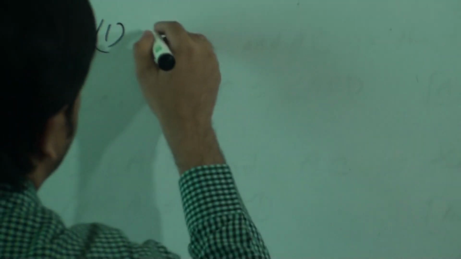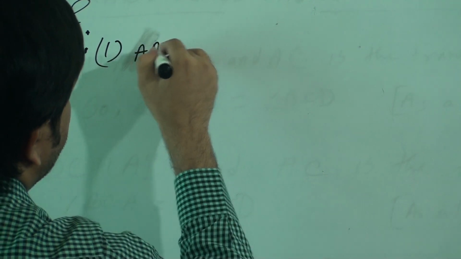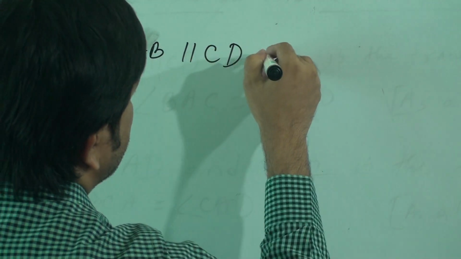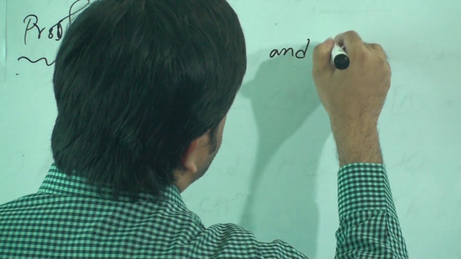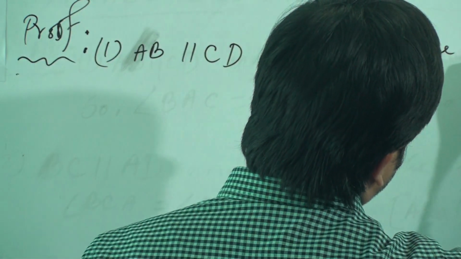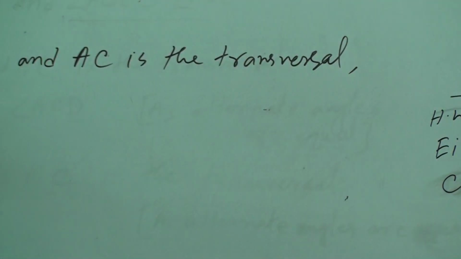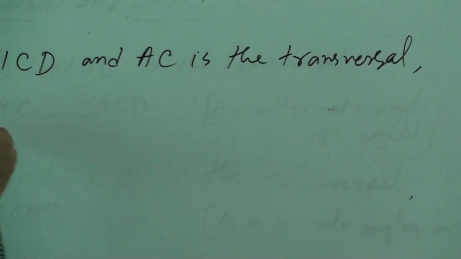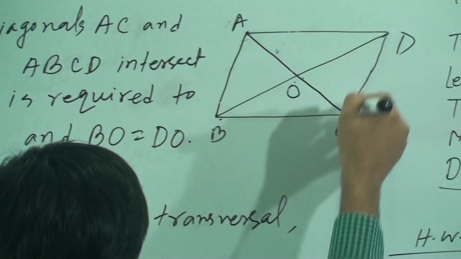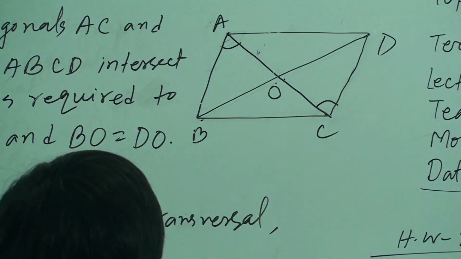So in step 1, we can write AB parallel to CD and AC is the transversal. As AB and CD are parallel and AC is the transversal, these two angles are alternate angles.